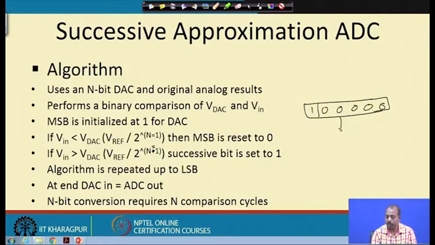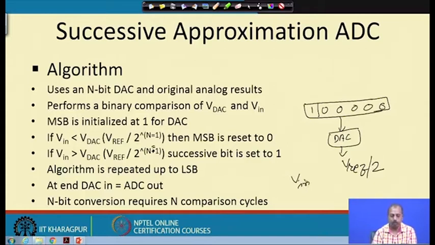With that we got the output from this DAC, which is Vref by 2. Now, if V in happens to be more than Vref by 2, that condition is true, so this bit must continue as 1.